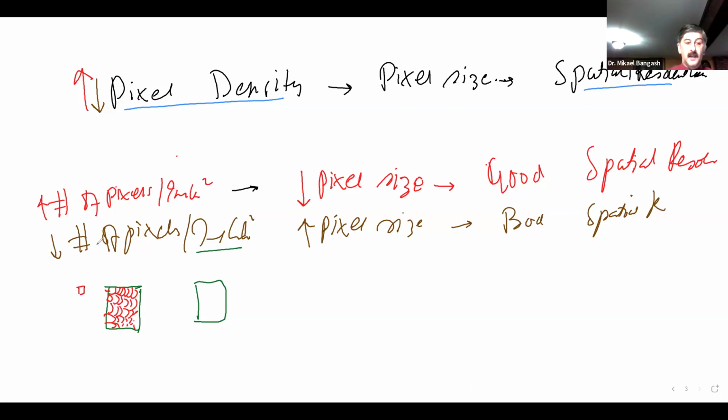And that small pixel size gives us a greater pixel density, which will cause this image here to have a good spatial resolution.